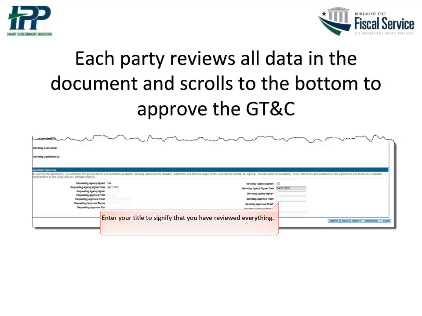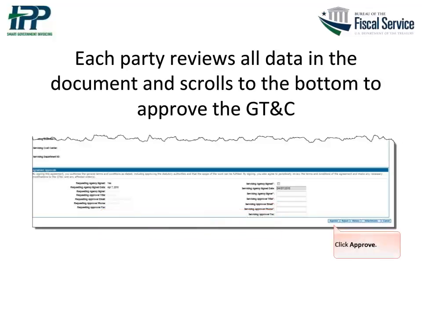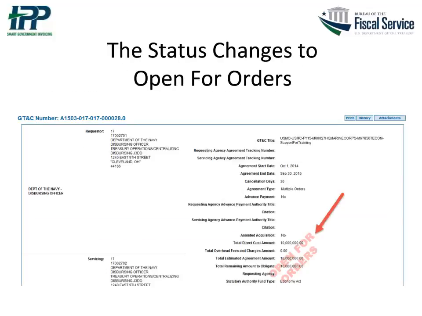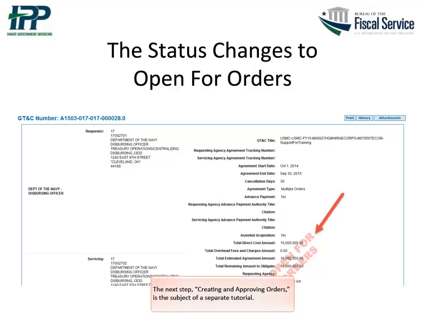Enter your title to signify that you have reviewed everything. Click Approve. The status changes to Open for Orders. The next step, creating and approving orders, is the subject of a separate tutorial.